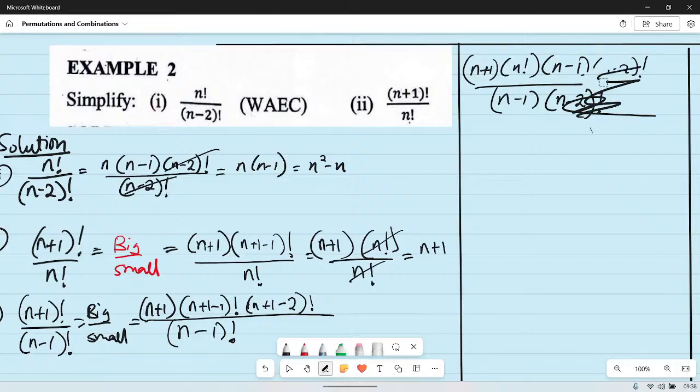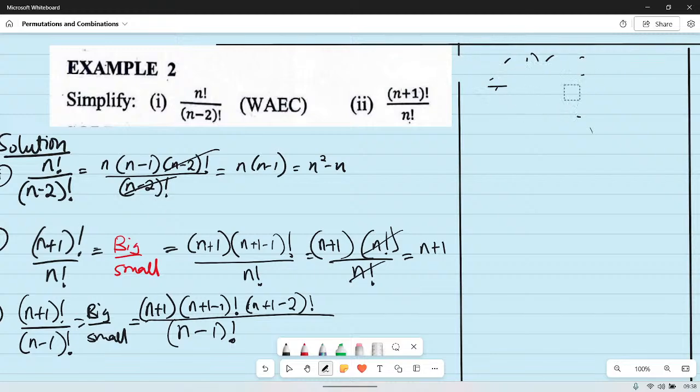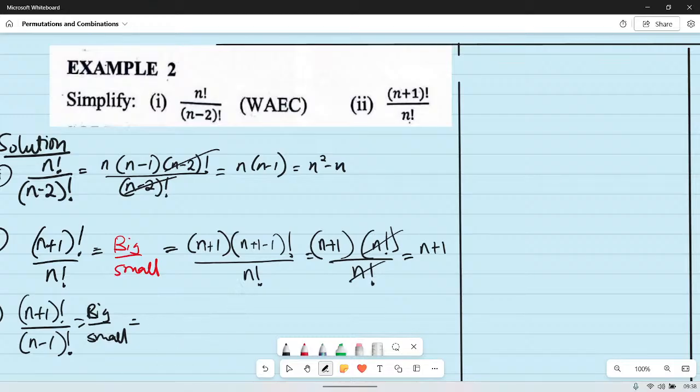I'm cleaning the thing, it's not cleaning. Let's take it again. So let's expand the one at the top until we get something below.